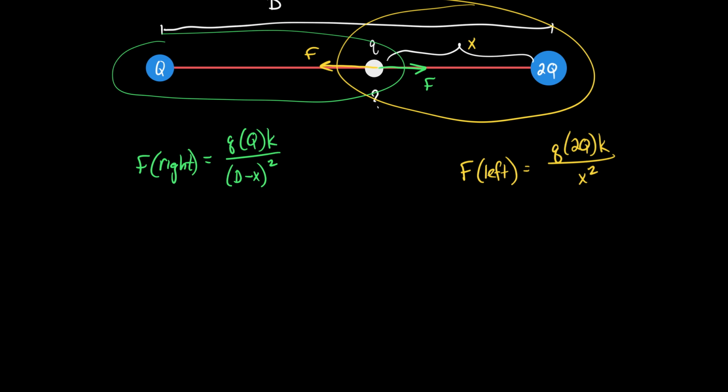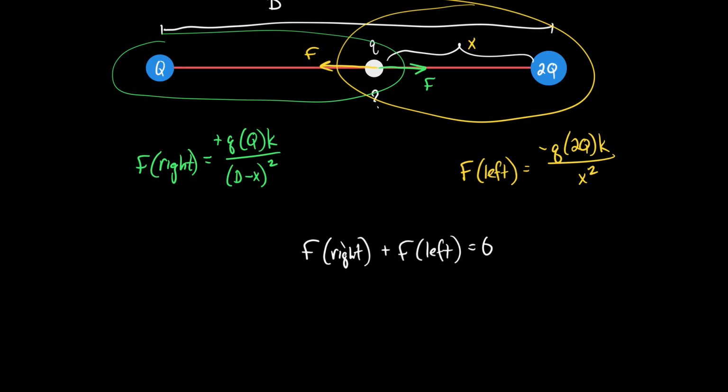Now, I either say to the right is positive and to the left is negative, which I think is a fair thing to do. If I do that, that makes this a positive force, and this a negative force. And I say in my problem, force to the right plus force to the left has to equal 0.